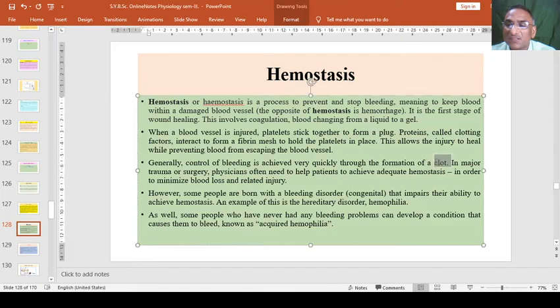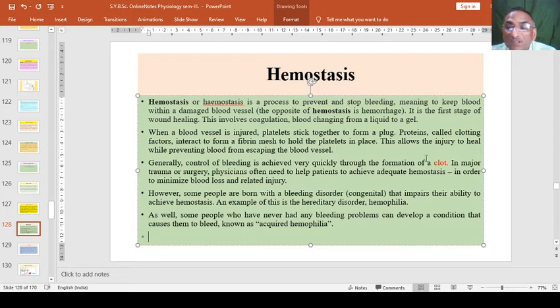This clot is a very important material which stops the further loss of blood from the body through the injury. In major trauma or surgery, physicians often need to help the patient achieve adequate hemostasis in order to minimize the blood loss and related injury.